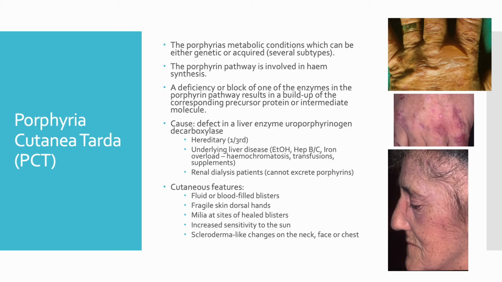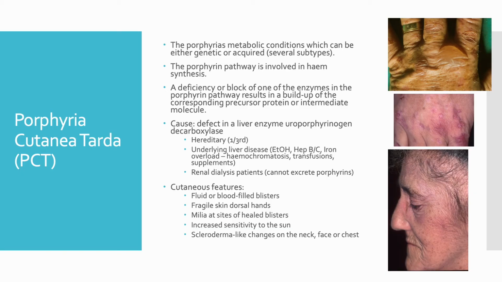Now, the commonest porphyria that we see is called Porphyria cutanea tarda, and it's due to low levels of the enzyme uroporphyrinogen decarboxylase.